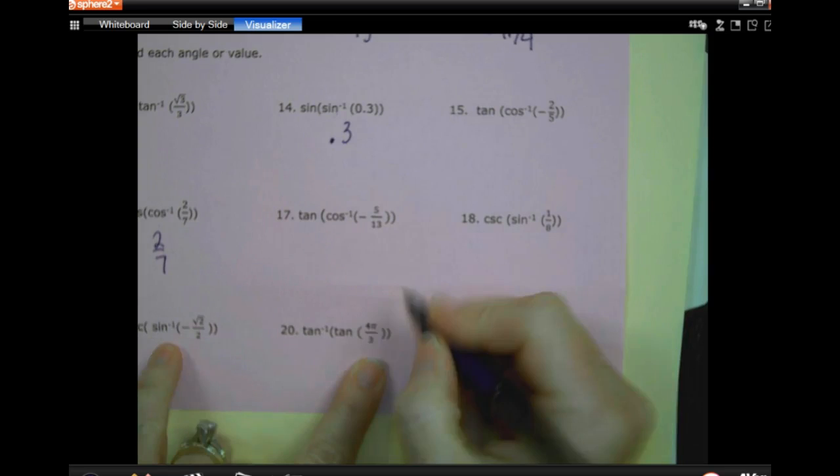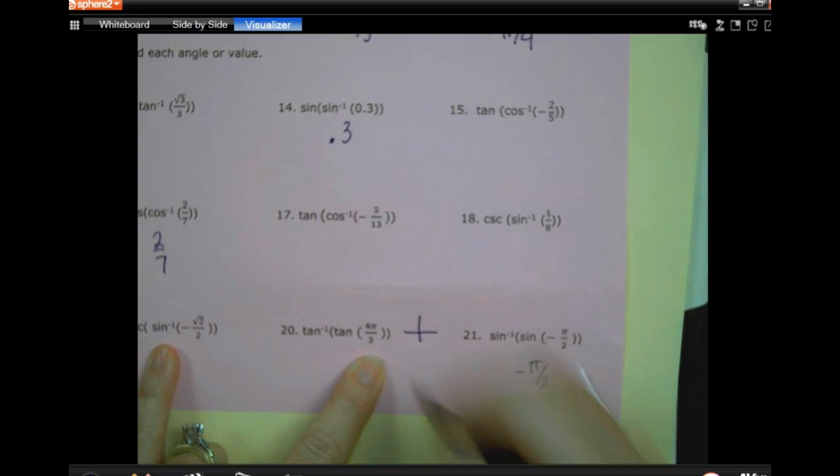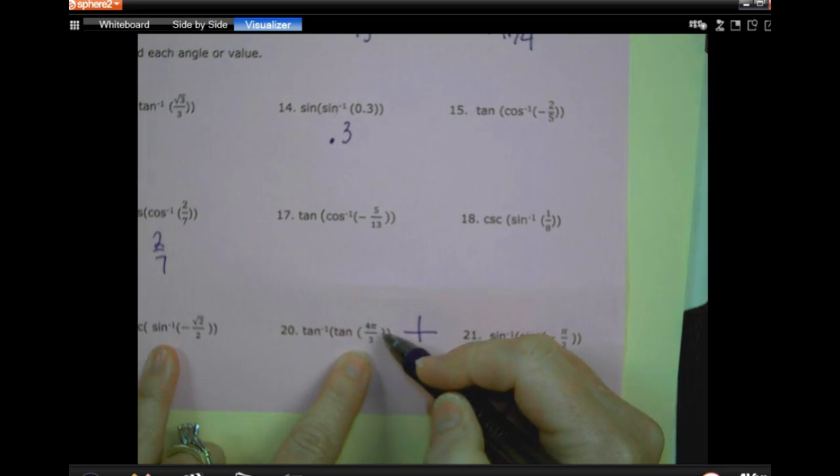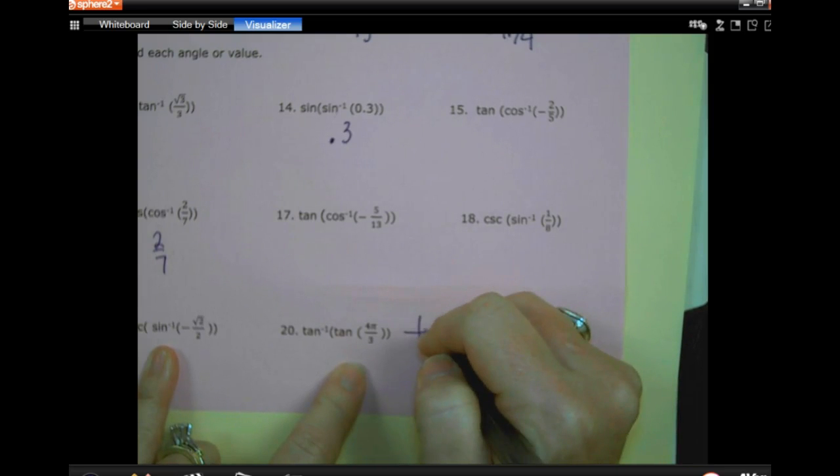But let's look at number 20 now. So we want to see if I can just cancel these out. Is 4 pi over 3 in the restricted area? Okay, bummer. So if it's not in the restricted area, where is 4 pi over 3? Pi over 3 is 60, right? 60 times 4 is 240, which puts it in the third quadrant.